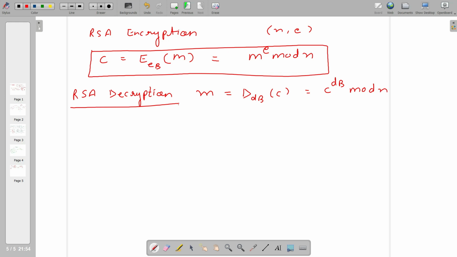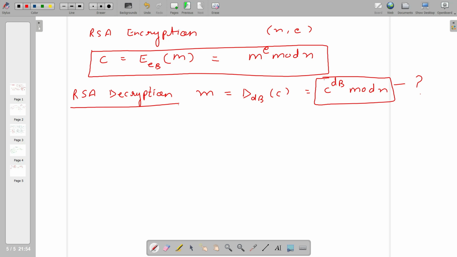Now we need to check what this C to the power D mod n is and how it gives us M. So we need to verify the decryption process of the RSA algorithm.